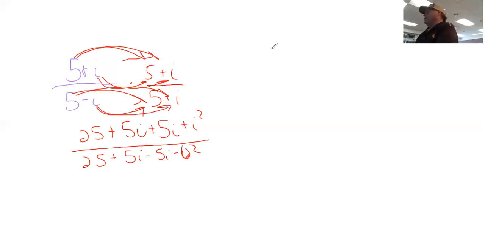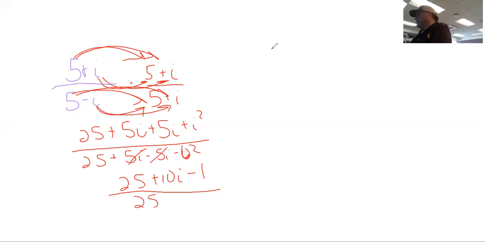Well, on top, I got 25 plus 10i minus 1. All over, these cancel, 25 minus 1.